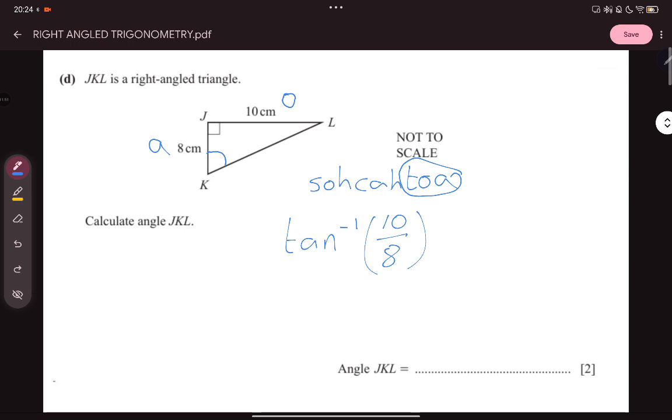Calculator job. Inverse tan is shift and the tan button, fraction button there. 10 divide by 8, and that's going to give me, hopefully you got the same thing, full calculator answer, 51.340197175, and then I'll round my answer to a sensible degree of accuracy, 1 decimal place.